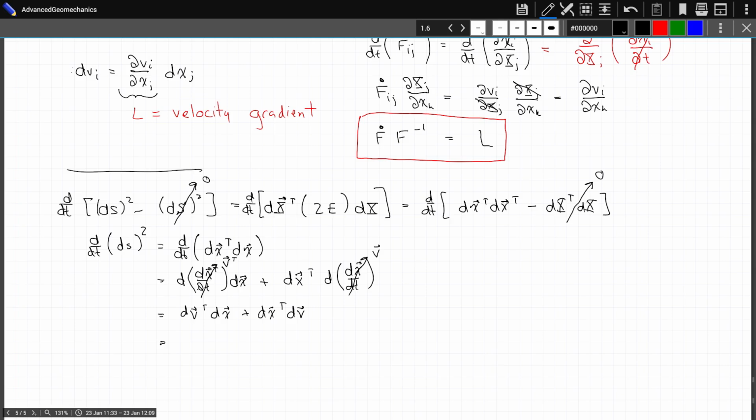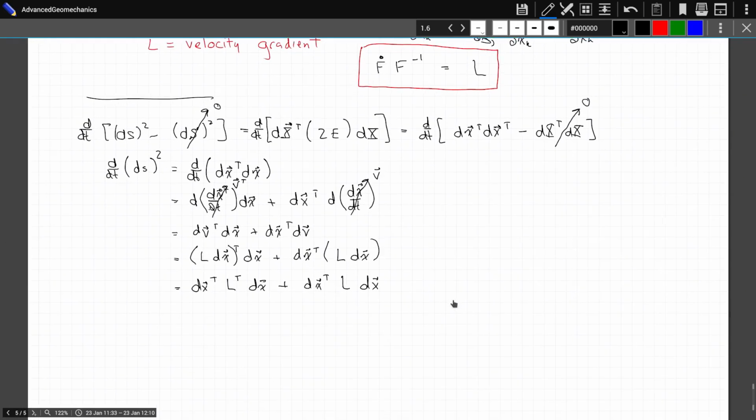Well, dv transpose is equal to L dx transpose, so we have dx transpose L transpose dx plus dx transpose L dx.